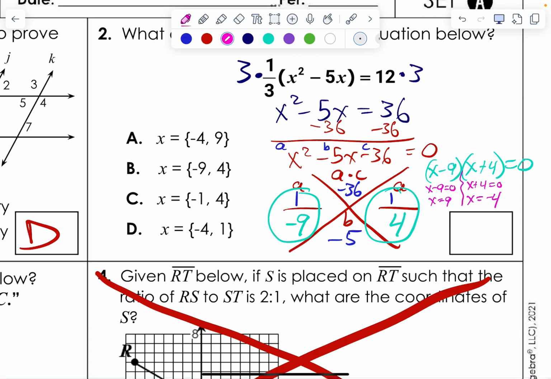So 9 and negative 4. Raise your hand if you got that, if you got A, like with work, not just by guessing. Okay. Is it because of the fraction? Okay. Do your best to get rid of fractions by multiplying. That would be the best strategy.